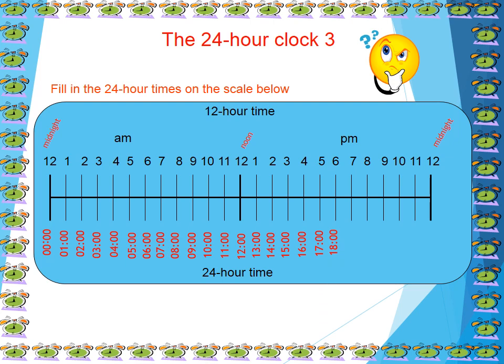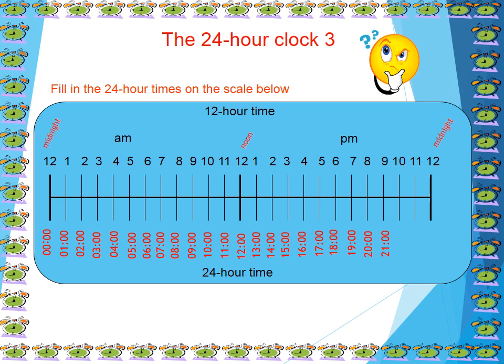6 p.m. is 18 o'clock in 24-hour time. 7 p.m. is 19 because we add 7 plus 12 equals 19. 8 p.m. equals 20 because 8 plus 12 equals 20. 9, yes, 9 plus 12 equals 21.